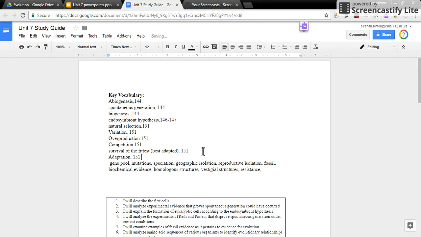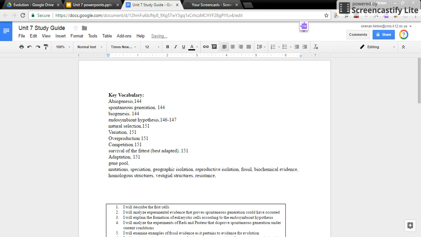Survival of the fittest, those with the best traits will be able to live and pass the traits on to the next generation. Adaptations on page 151. Adaptation is a mutation or a trait that's going to be beneficial for you to survive in an environment.